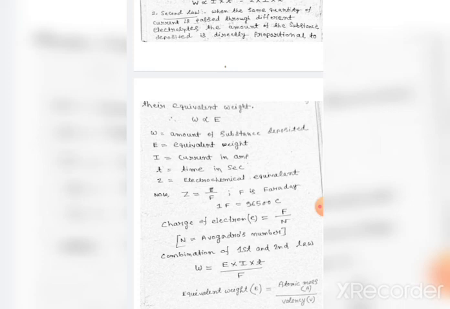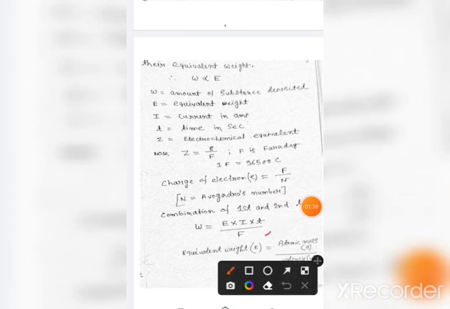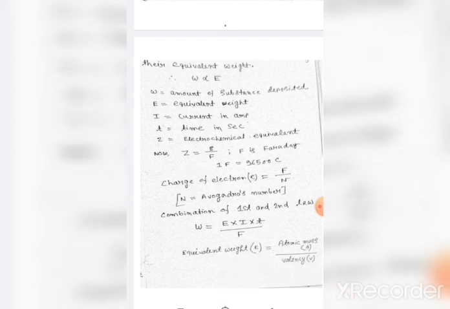When we combine these two laws, we get W is equal to IT by F, where F is the Faraday and 1 Faraday is 96500 coulomb. Z, the electrochemical equivalent, is E by F, and the equivalent weight is atomic mass divided by valency.